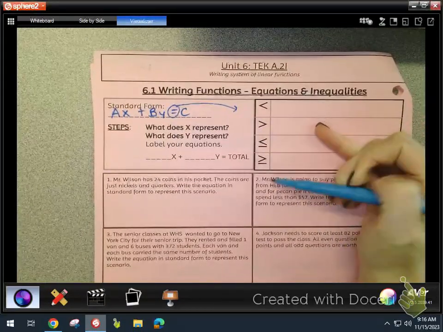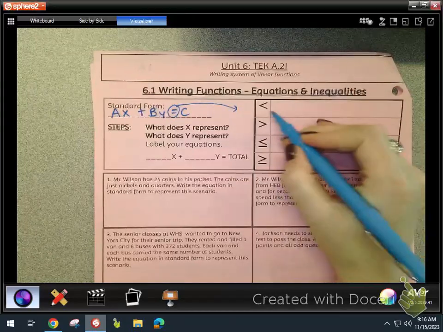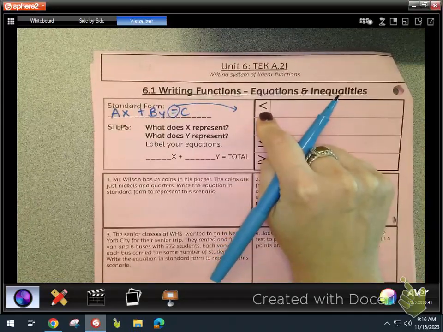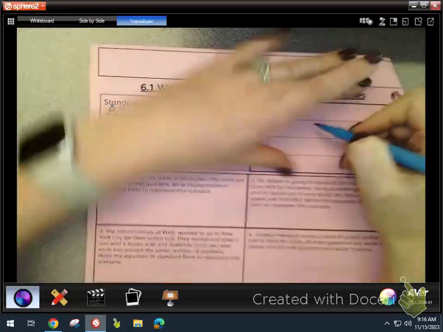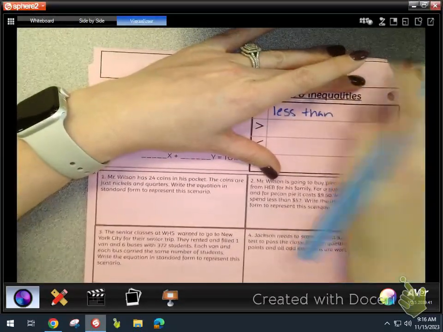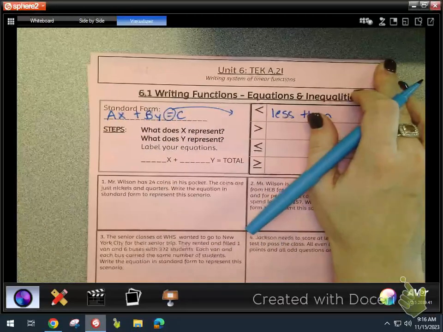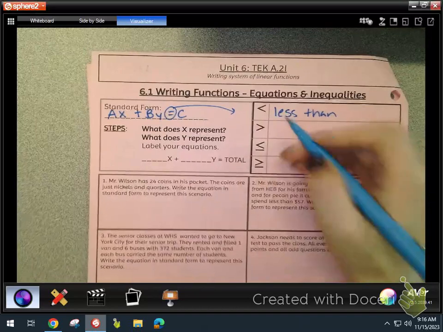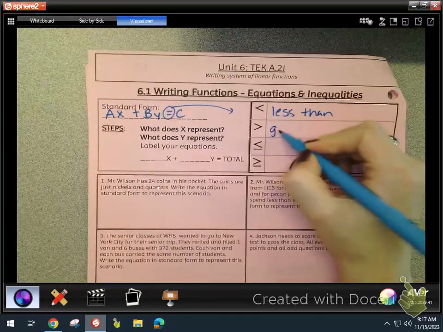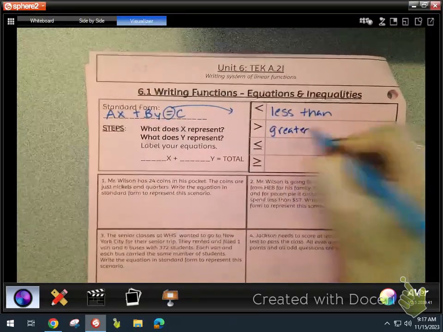Remember, these are our inequality signs. What is this sign, this first sign? Less than, because it looks like a sideways what? Less than symbol, okay? So the next one is a greater than. We've talked about these before. We have graphed these.